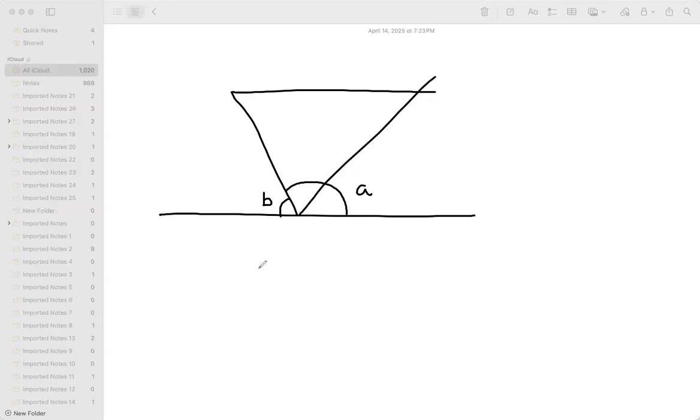But other than that, angle A plus angle B plus the unknown angle equals 180? A plus B and the angle in between. A is the full angle.